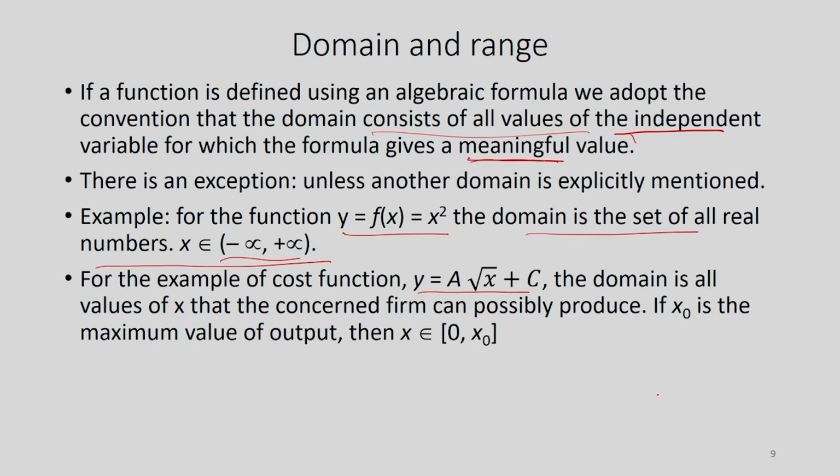The domain is all values of x that the concerned firm can possibly produce, right. So, cost function, remember what is a cost function? It gives you the cost of production where the independent variable is the level of production. So, y here is the cost of production and x here is the amount that is being produced.